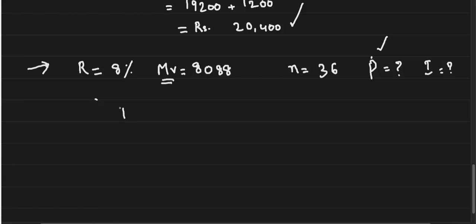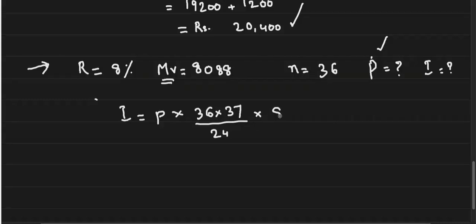So interest amount equal to P multiplied by N into N plus 1 divided by 2 into 12, 24 multiplied by R is 8 divided by 100. So what happens here?